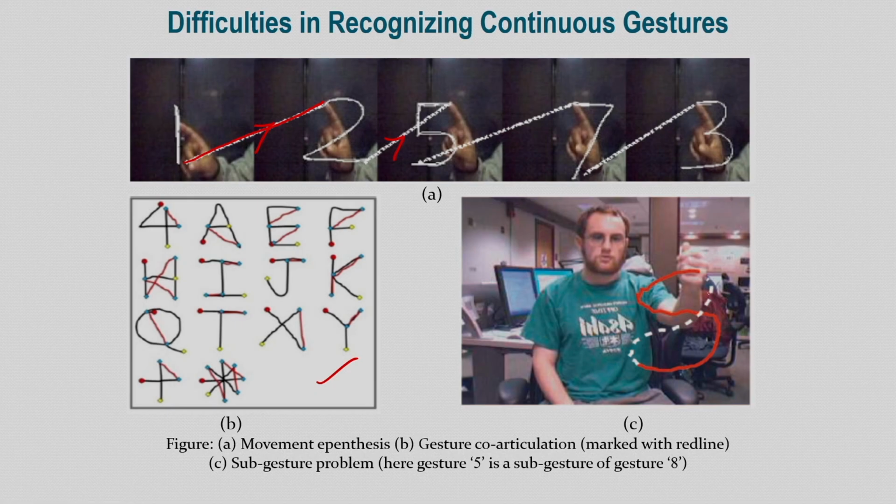If I draw 8, the 5 is a part of 8. That is called a sub-gesture. My gesture is the 8, but by mistake the recognizer can recognize it as 5. This is the sub-gesture problem. These are the major problems in continuous gesture recognition: co-articulation, movement epenthesis, and the sub-gesture problem.